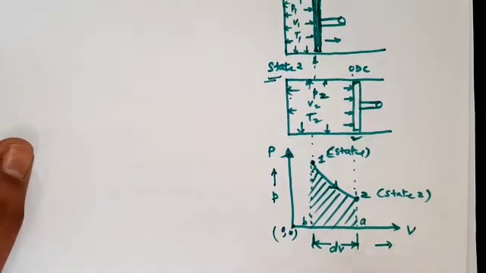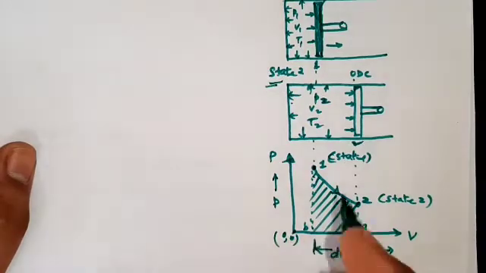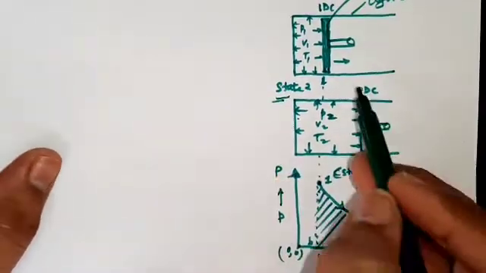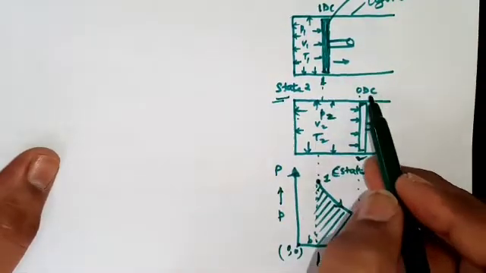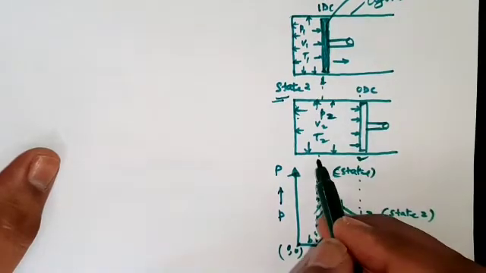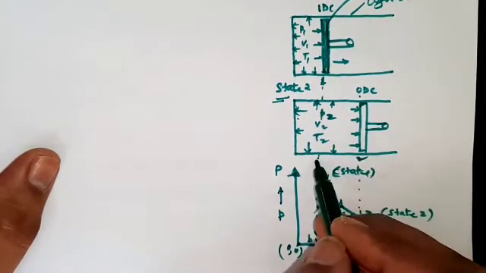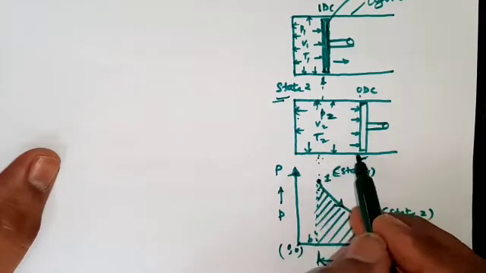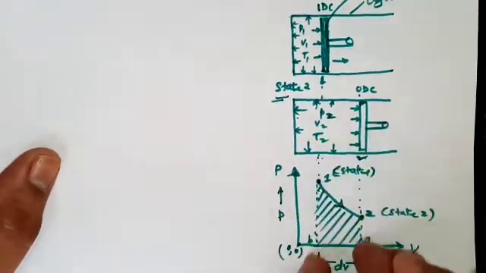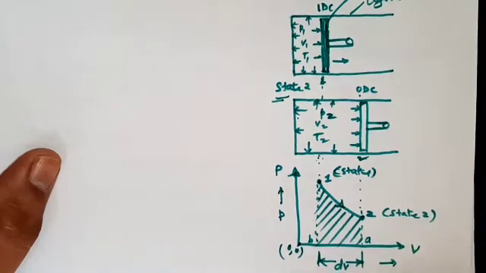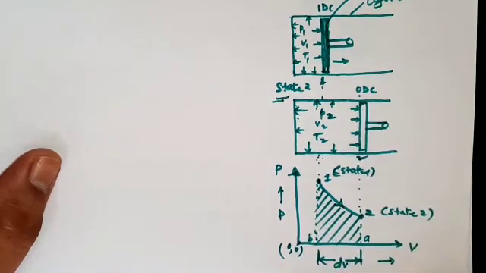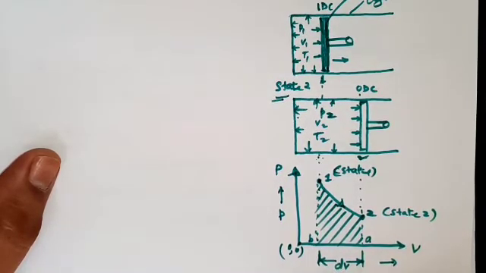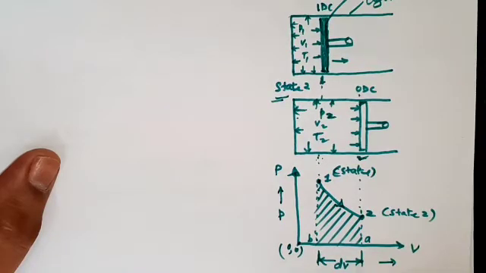So simply we can say here this is state first, this is state second. Between state first and second, this is the distance delta x. Suppose this is delta x, so this is projected here. You can say this is x or L or delta x.